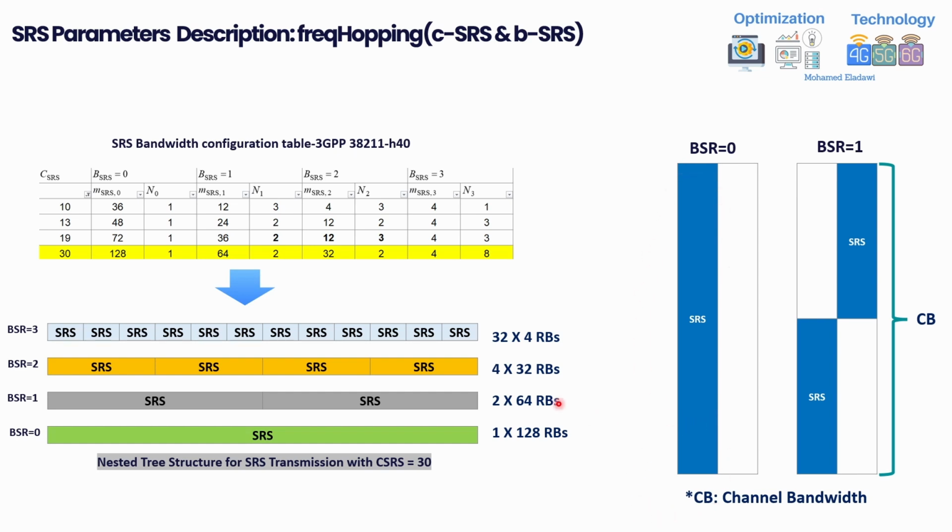So what is the difference now? If, for example, now let's assume that I want to use only half the bandwidth. In case you want to move to half bandwidth, you can change the B-SRS value from 0 to 1. So in this case, instead of using 128, you'll be using 64 RBs only. You can see in the first symbol here, you transmitted half the bandwidth, 64 RBs. This means your power will be doubled, because the power which was utilized before in the complete full bandwidth will now be utilized only in the half bandwidth.